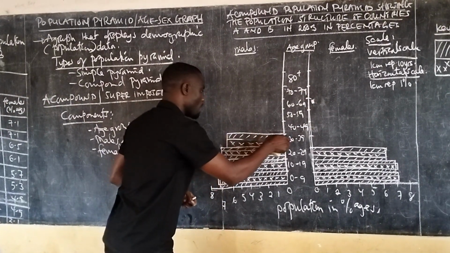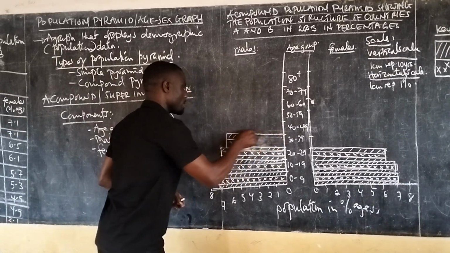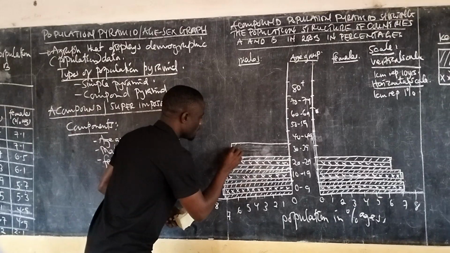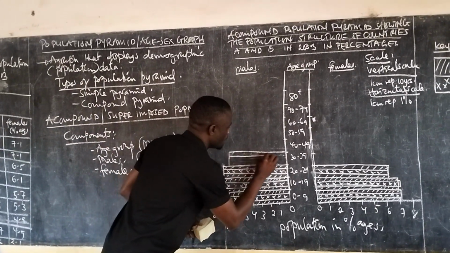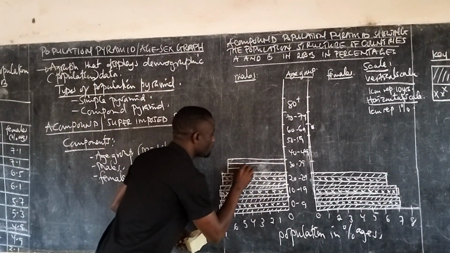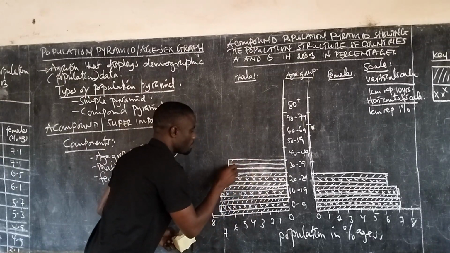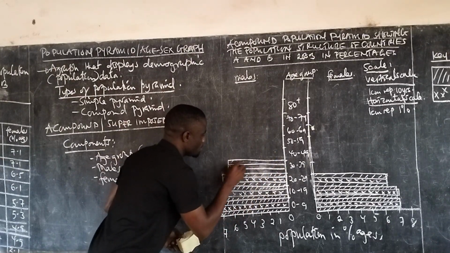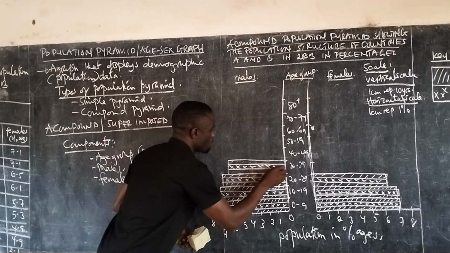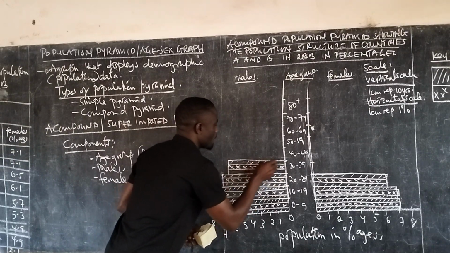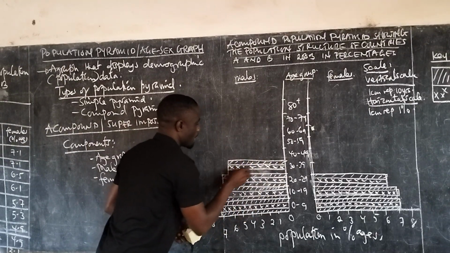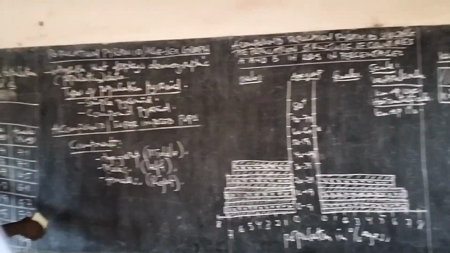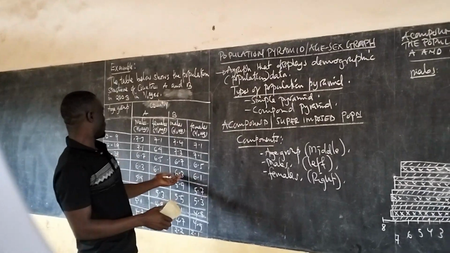So let us put our second horizontal bar in the middle as we have done. So 6.5, we put it here, but try to make sure that the length of the bar is the same. The width is the same. So here, this is country B, this is country A.